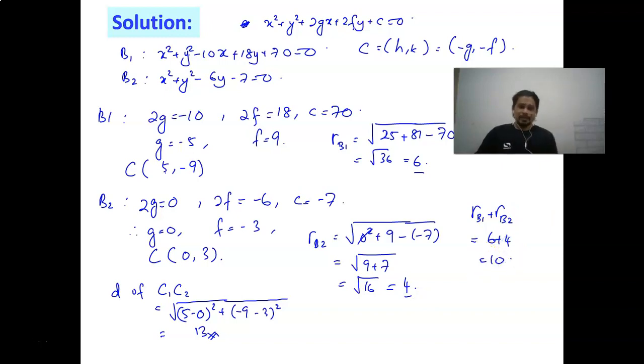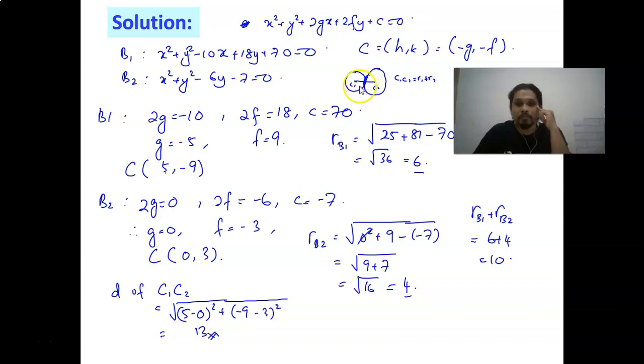Okay, so if both circles touch at one point, it means the circles touch something like this. Okay, so the center and the center here, and a radius and another radius. So the distance from center 1 to center 2 would be equal to the radius of 1 plus R2.